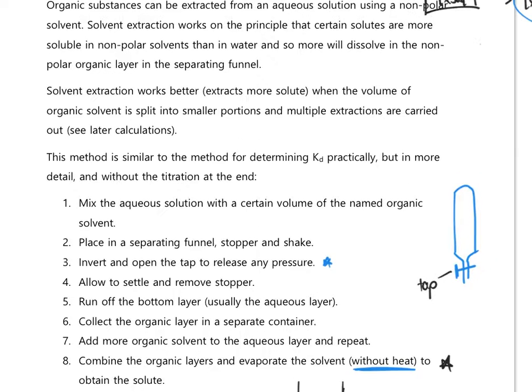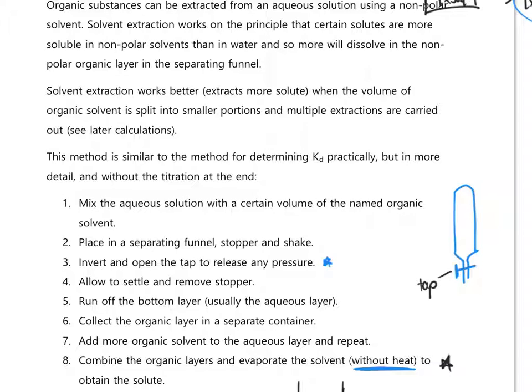A little bit further up the page, it talks about multiple solvent extractions versus single solvent extractions. What it says is that solvent extraction works better, and what we mean by that is that it extracts more of our organic solute from the aqueous layer into the organic layer when we do multiple extractions rather than one single extraction.